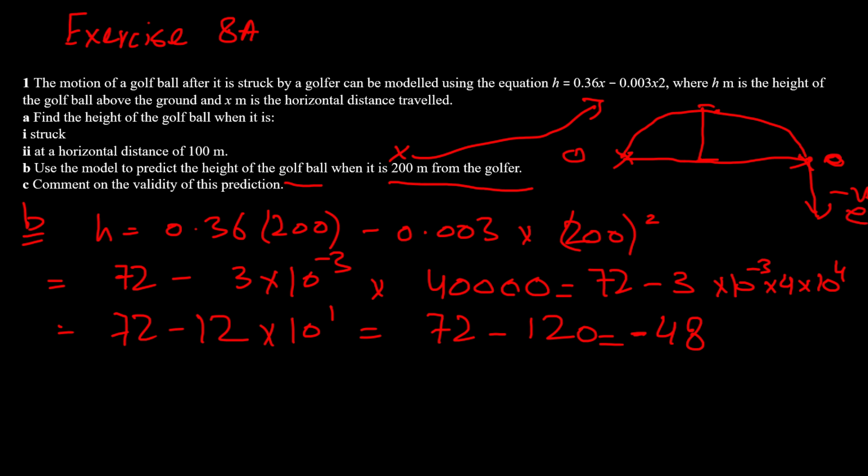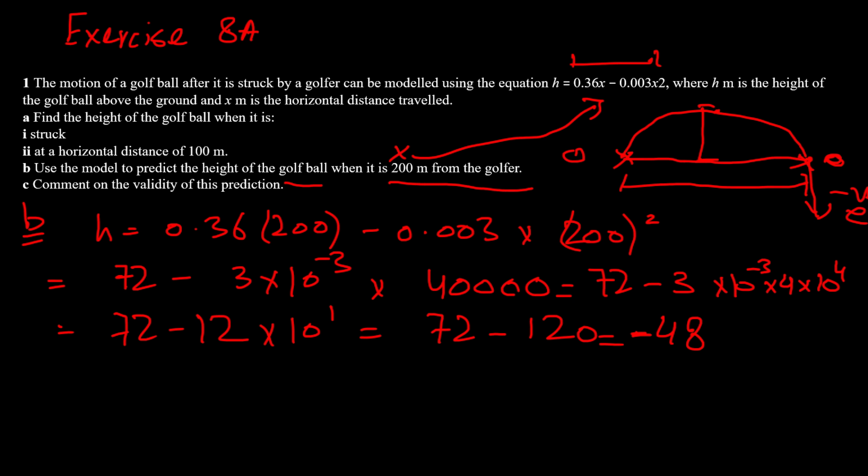So this negative sign indicates that somewhere along this journey, this model broke down and could not accurately predict. So this model has its limitations, and we have to find what the limitations of this model are.